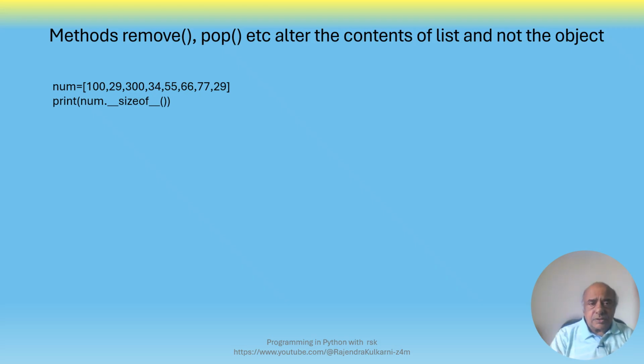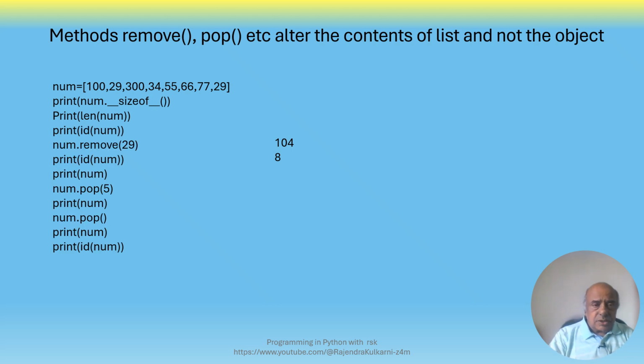It gives us the memory occupied by the object num: two underscores, then sizeof, again two underscores and then parenthesis. First print sizeof gives us 104, which is the bytes used by the object num, and len num gives us the number of items in the list, which is 8.